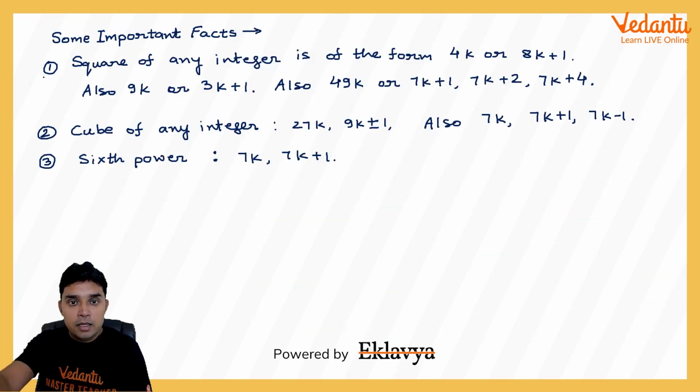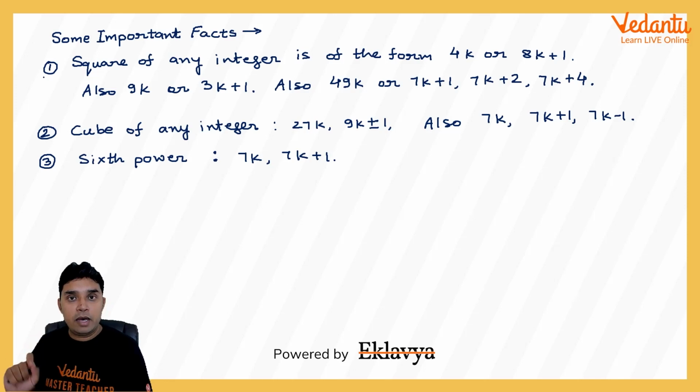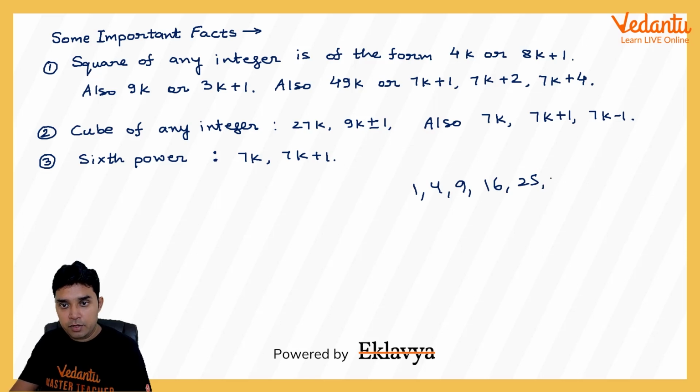Okay. Now some important facts about squares, cubes and sixth powers of integers. Any integer, if you do the squaring, let me write some squares like 1, 4, 9, 16, 25, 36, 49, 64, 81, 100, 121 and so on.